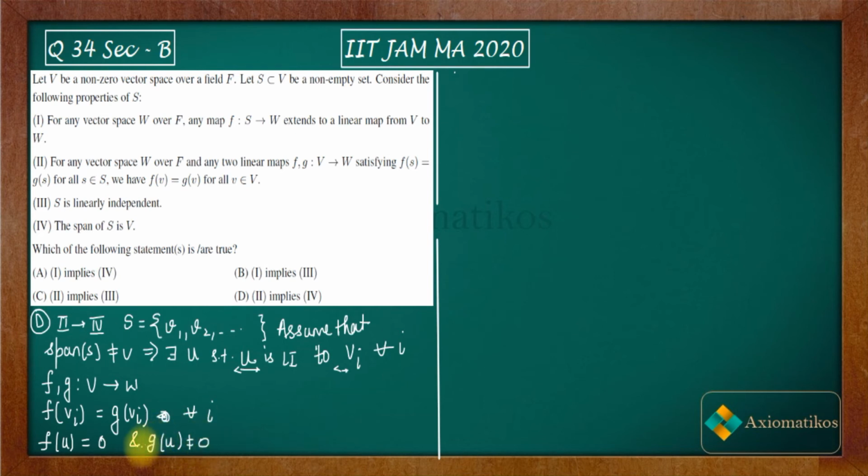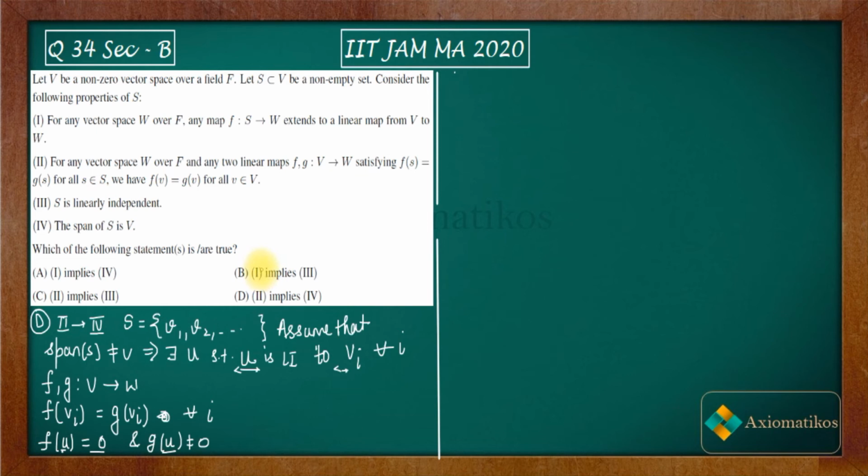Then still what I want to explain here is that if I map U differently under G, then also F and G can be linear maps from V to W. Are you getting my point?